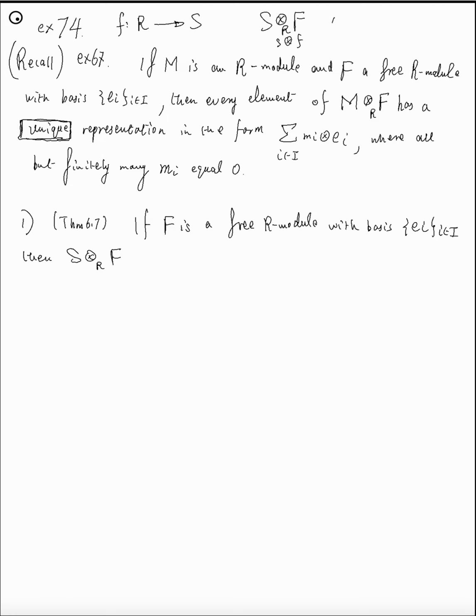So for x tensor y, the S module structure is defined to be s acting on the first component and then tensor y. This is very standard. Now we claim this S module, S tensor F, is again a free module: a free R module turns into a free S module with basis 1 tensor e_i.